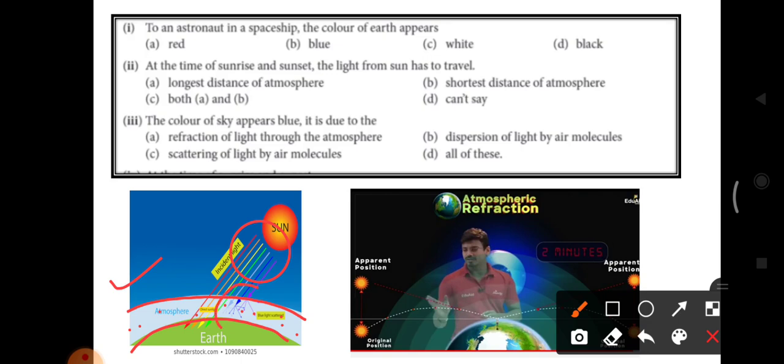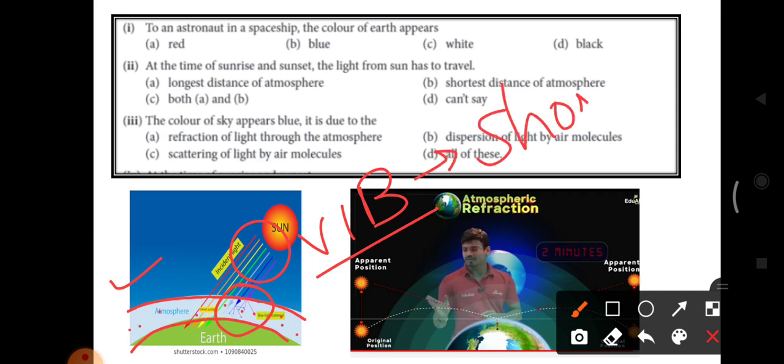Mostly the violet, indigo, and blue are scattered because they have the shorter wavelength. Due to that, the sky appears blue. So the correct option is option C, the scattering of light by the air molecules.